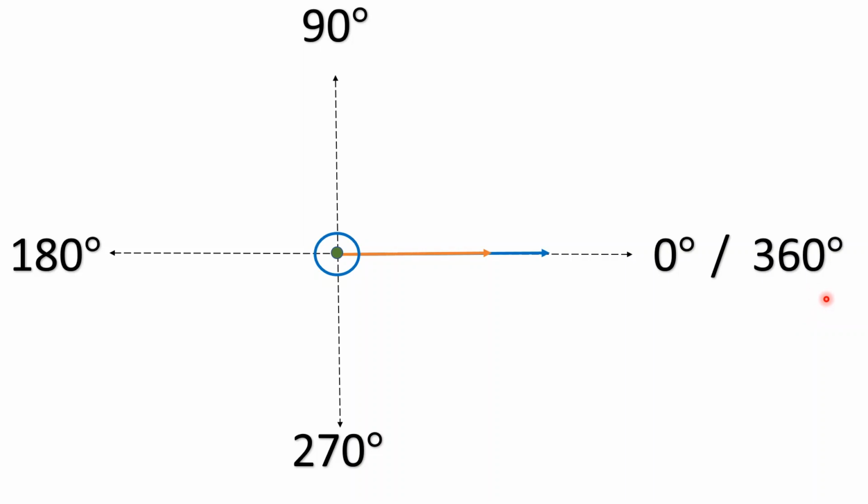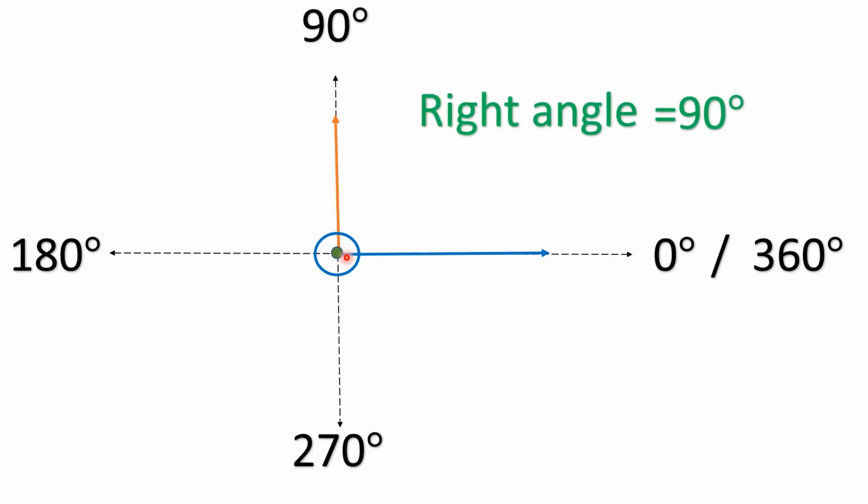Now let us change the position of the terminal arm. Here the terminal arm has rotated exactly 1/4 of the complete rotation, that is 90 degree. Such an angle is called right angle and its measure is 90 degree.